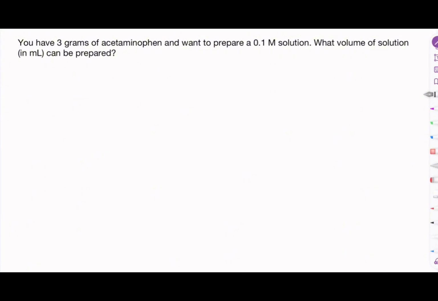Now, our givens are only the mass of the solute and then the molarity, but the volume is missing. Now let's find our givens, which are the 3 grams of acetaminophen, 0.1 molar solution, and that's it. Let's try to write it down. Given our mass of our acetaminophen.